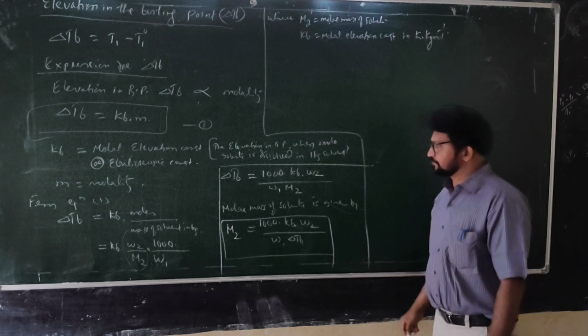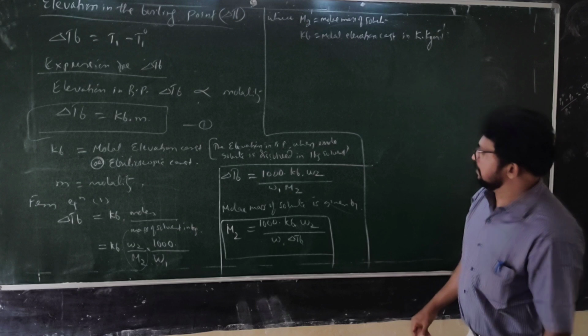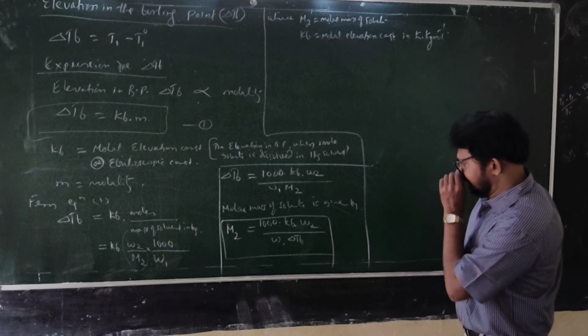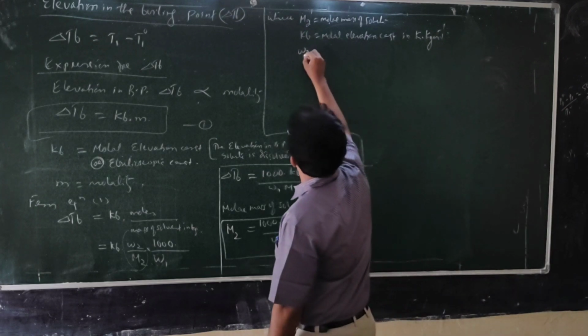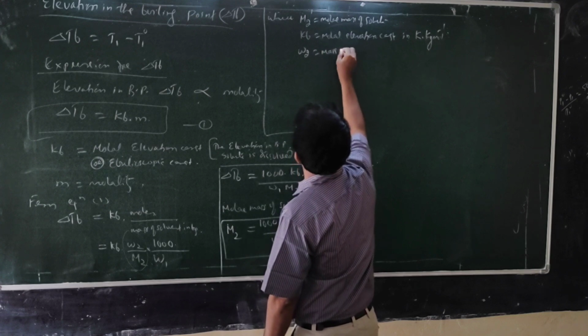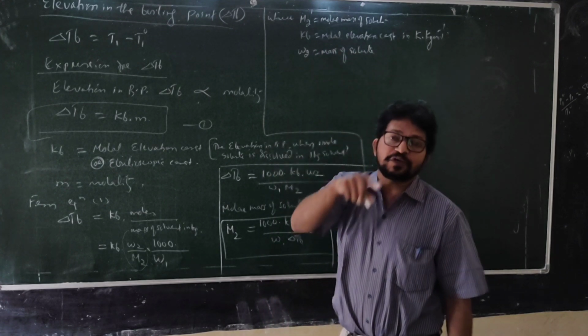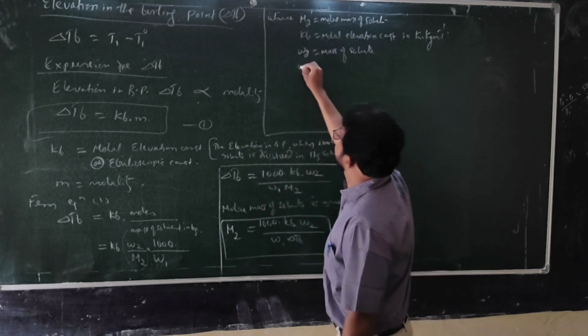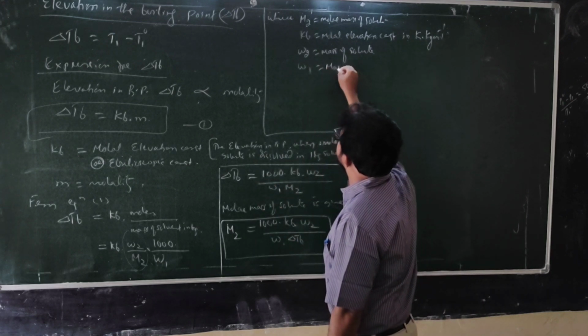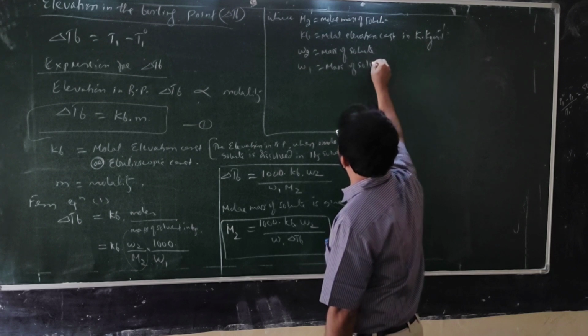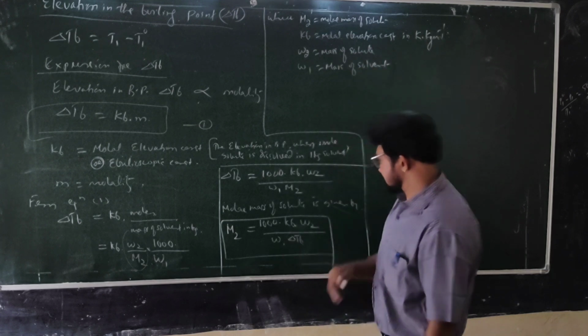W2 is the mass of solute; always use 2 for solute. W1 is the mass of solvent. I think all things are covered.